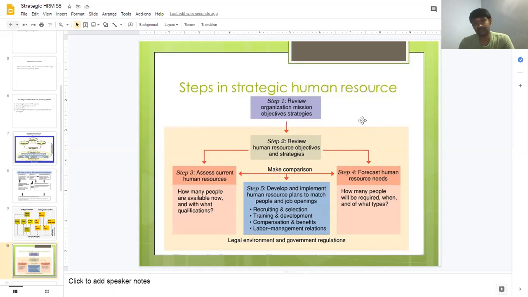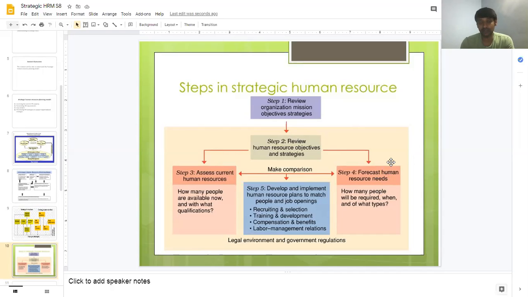In the previous slides, we explained clearly that once the objectives or strategies have been set, it should be assessed properly: how many people are available now, what are their qualifications, and whether they are on par with the organizational tasks. Is there any requirement for training to be given to the employees? He has to analyze. Later, it moves to forecasting human resource needs.